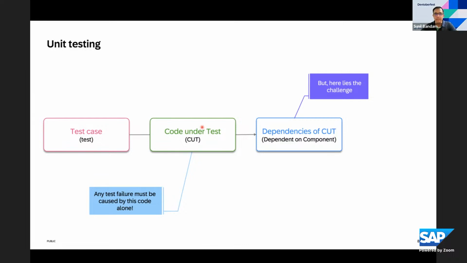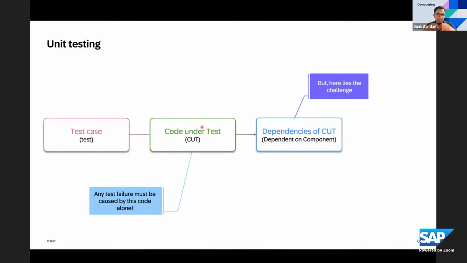And that is a challenge to the outcome of our test case execution. So when the test case fails, I don't know exactly where the problem is, and that poses a challenge in troubleshooting, because now the problem area to troubleshoot becomes a lot wider, because you have code under test and also dependencies. We don't know where the issue could be, right?